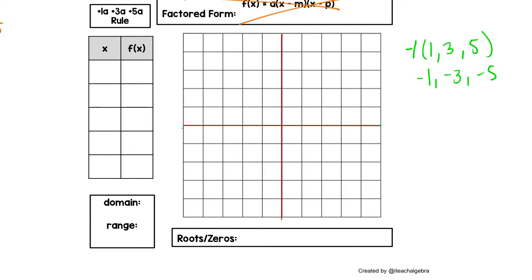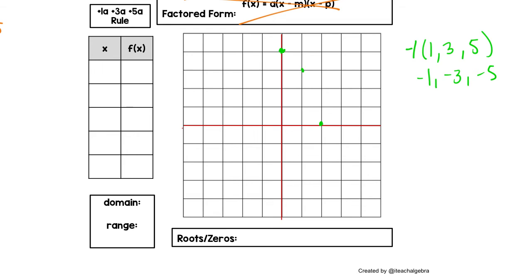It's very exciting. So for this point, we're going to start, our vertex is at 0, 4. So we start at 0 left, right, 4 up. That's our vertex. The 1, 3, 5 rule is negative 1. So right 1, down 1. Negative 3, right 1, down 3.